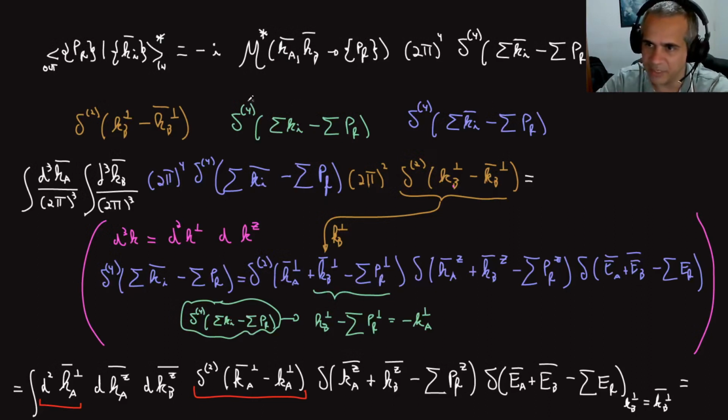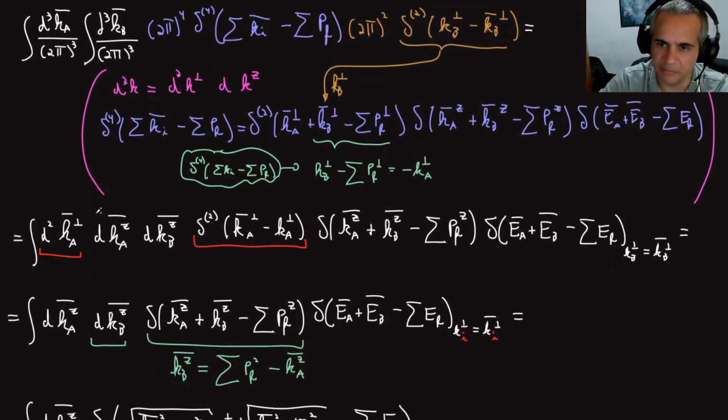I know that later when I use this integral, which is the Dirac delta that I'm not using here, I will impose this condition, and so I can also substitute Kb perpendicular here by minus Pf, by minus Ka perpendicular. I will use that down here. Right? So on this step, I only really did the integral in Kb perpendicular.